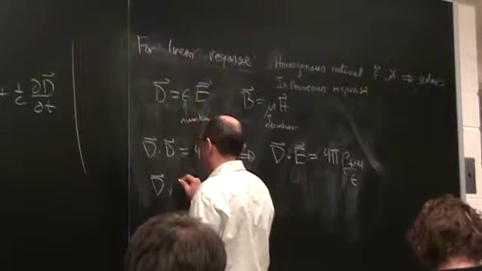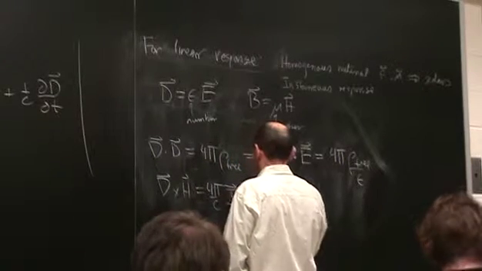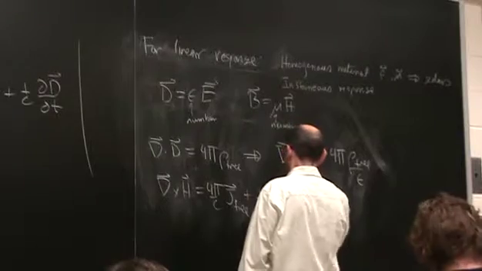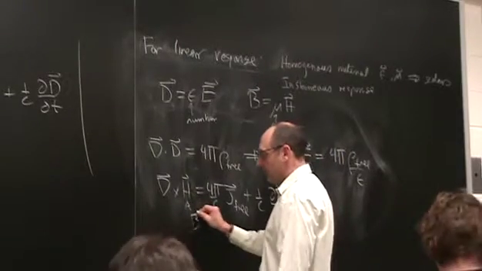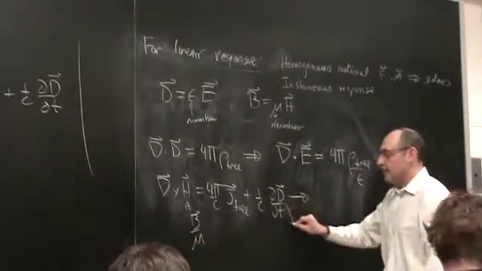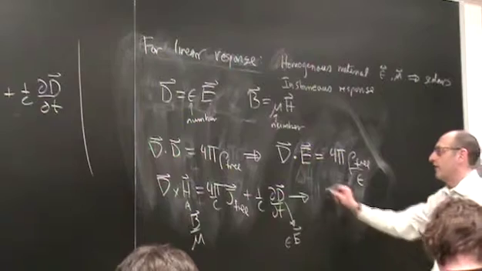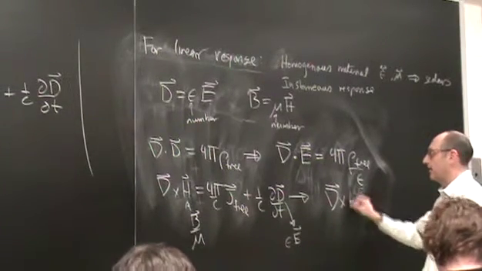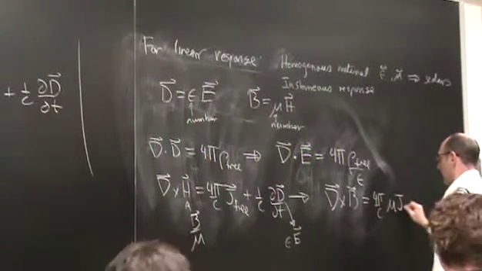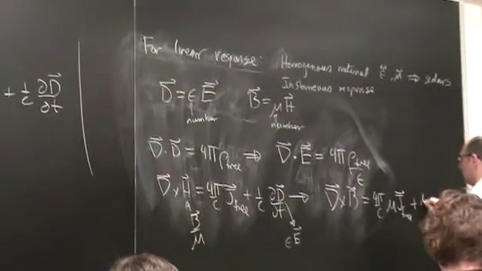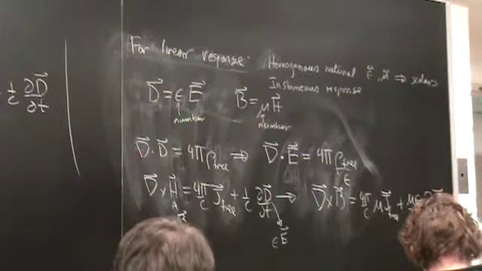Del cross H is 4 pi over C J free plus 1 over C dD dt becomes, well, H is B over mu, and D is epsilon E. So I can multiply everything through by mu, and I get del cross B is equal to 4 pi over C mu J free plus mu times epsilon over C dE dt.